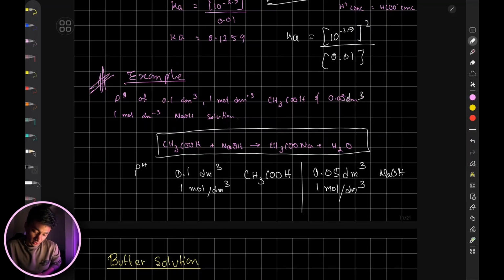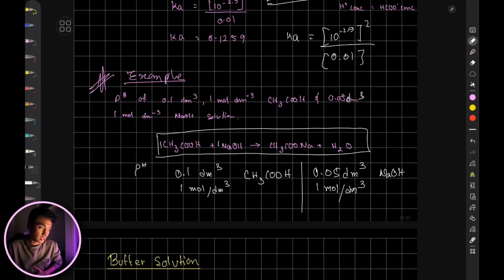Is the volume different? Yeah, the volume is different. So you will have some of the CH3COOH left, and due to having some of this left, the solution overall will be acidic in nature. Note that this is a 1-to-1 ratio. So if all the NaOH gets used up, some of the acid is left.